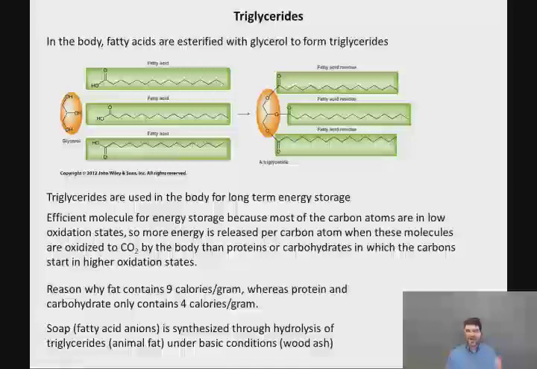It is charged, it is very polar. And as a result, they have the property of being able to dissolve both nonpolar stuff in their nonpolar tail, but still have some solubility in water as a result of their polar head.